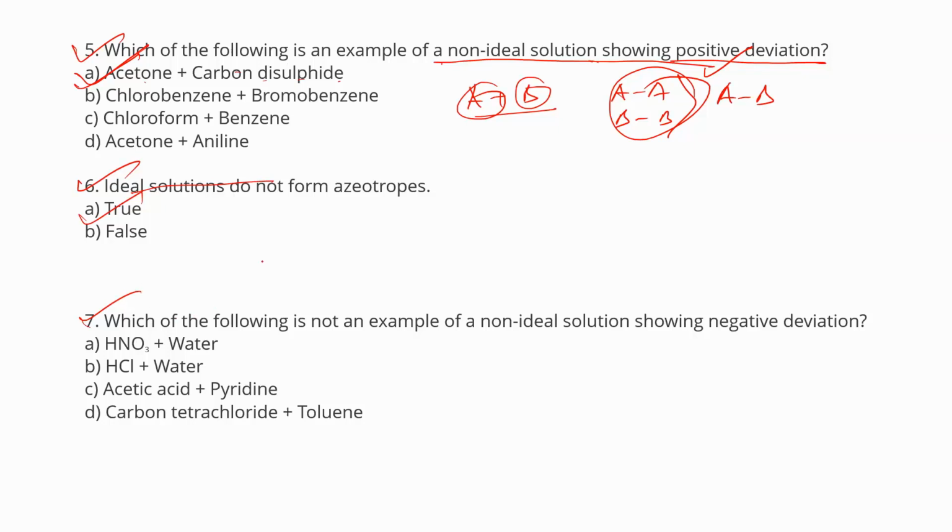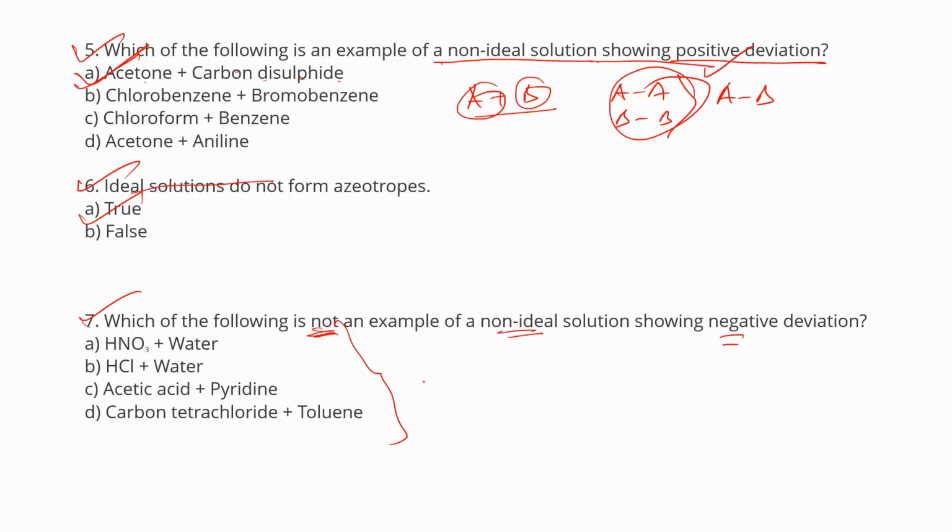Which of the following is not an example of a non-ideal solution showing negative deviation? I already gave some examples here, but which example is not a negative deviation?